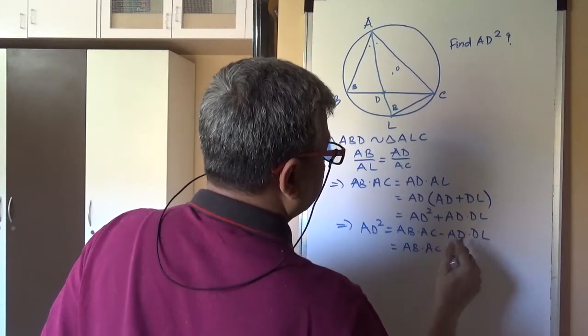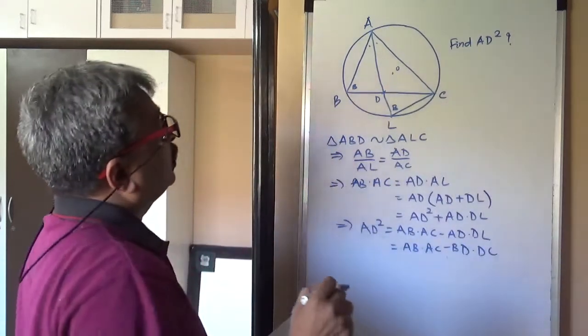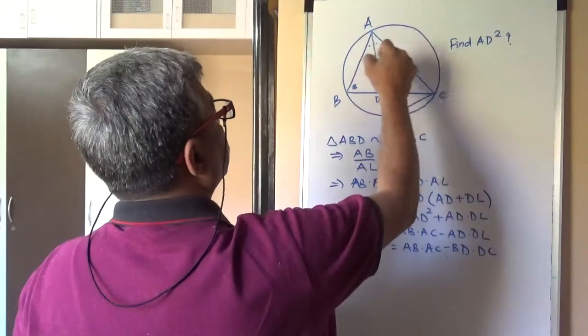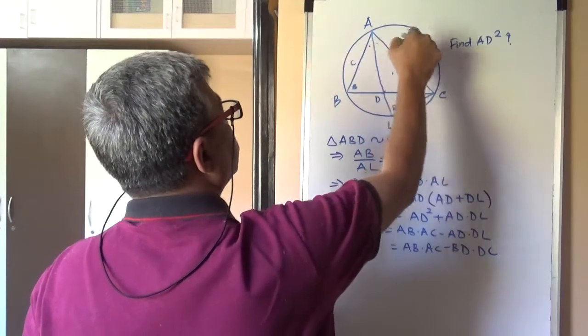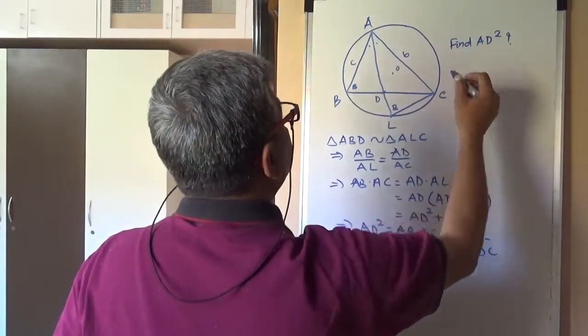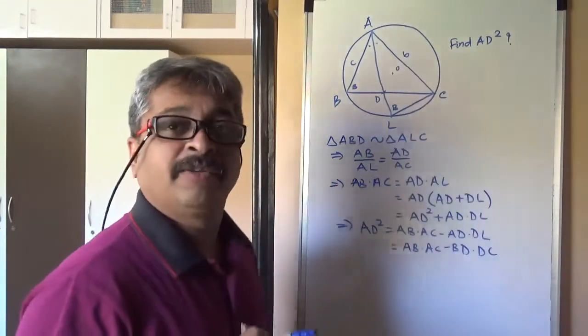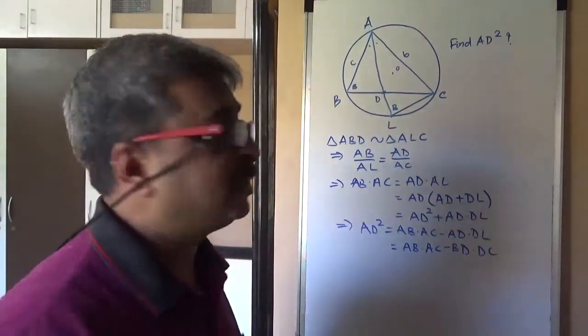So AD square is AB into AC minus BD into DC. Now in triangle ABC, if this side is small c and this side is small b, then side BC is getting divided in the ratio c to b. The angle bisector divides the opposite side in the ratio of the adjacent sides.